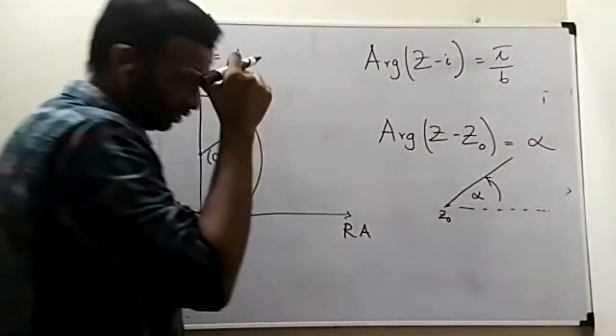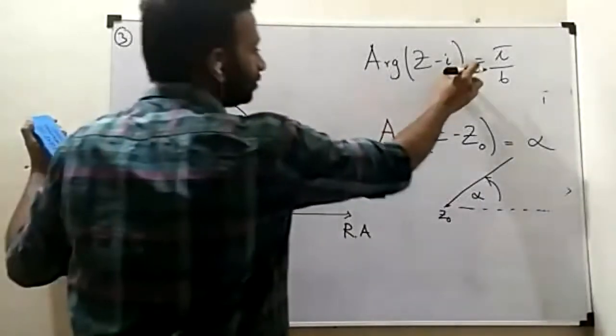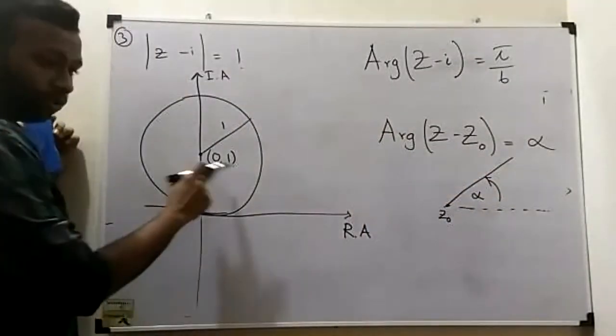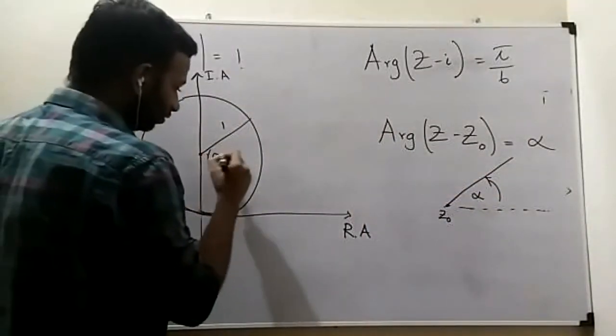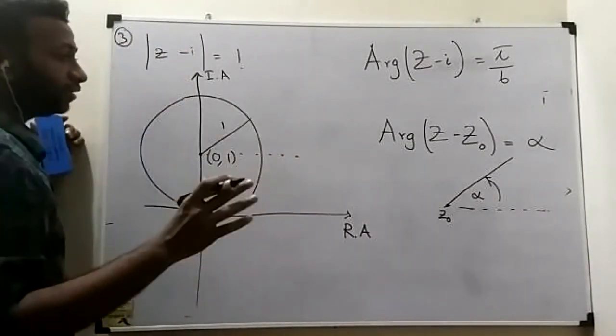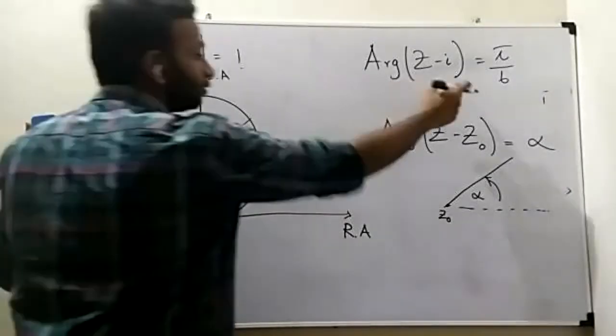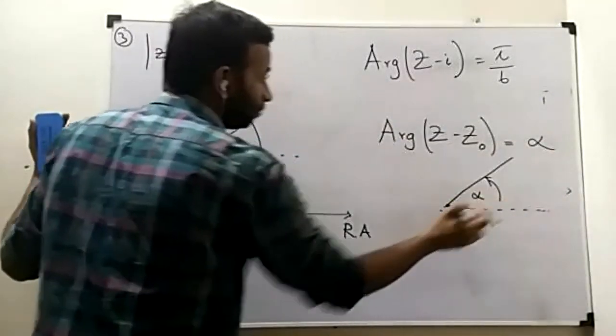So what is this point? z naught. We already found it. That's 0, 1. So if you want, you can draw this straight line. So z lies on this line where this angle is pi by 6.